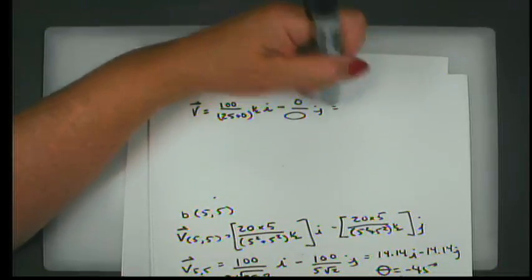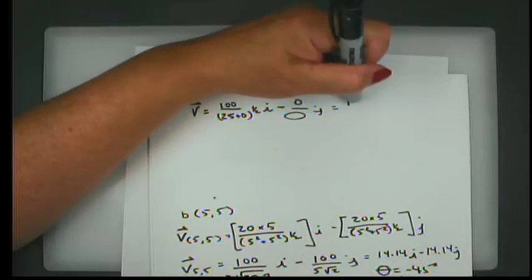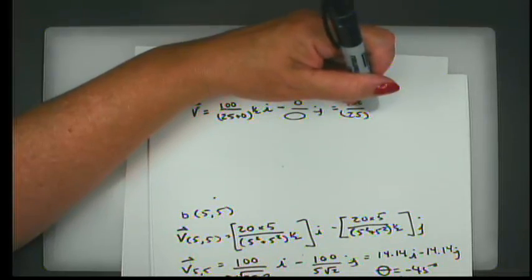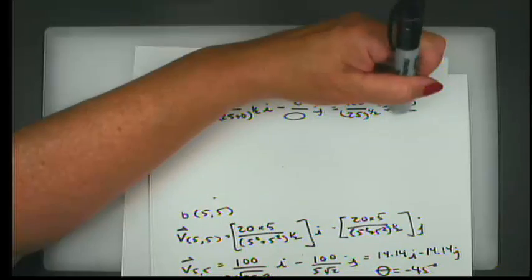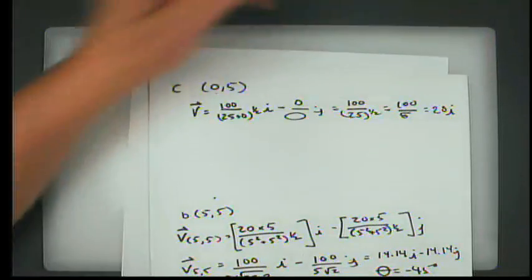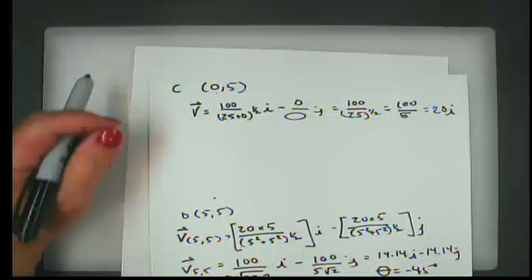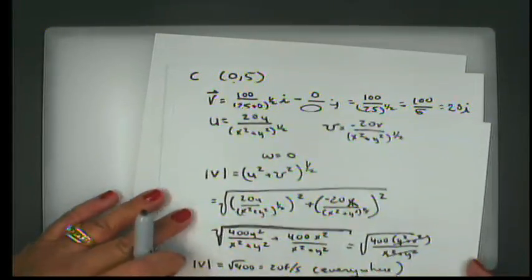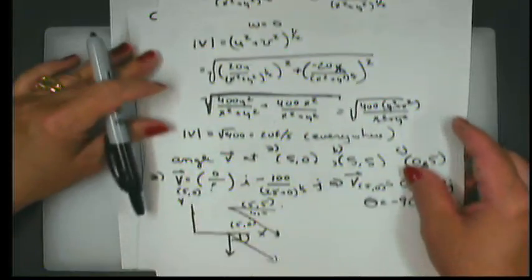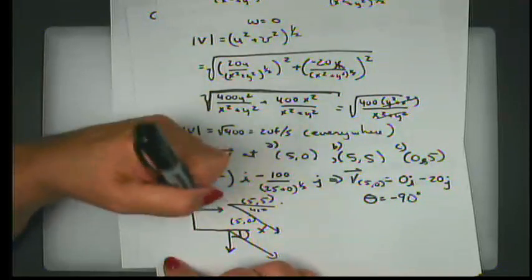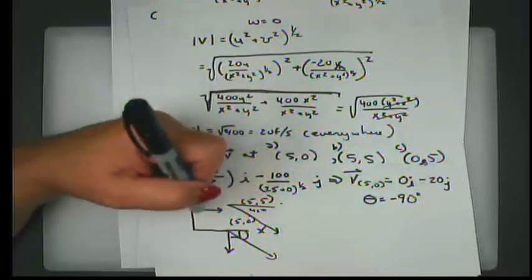So that tells me then that my velocity at that point is just 100 over the square root of 25, which is 100 over 5, which is 20, and it's all in the I direction, which once again makes sense because we know that the magnitude of my velocity has to be 20. All right, so what that means is that at that point, 0, 5, which would be right here, more or less, my velocity is purely x, and it has a magnitude of 20 feet per second.